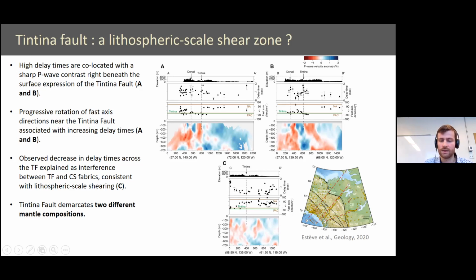And so that was interpreted to be some interference between the Tintina fault and the Canadian shield fabric, so long-term shearing fabrics in the Canadian shield, which is still consistent with lithospheric-scale shearing. And so what we think here is that the explanation cannot be only due to a thermal anomaly. It has to be due to different mantle compositions.